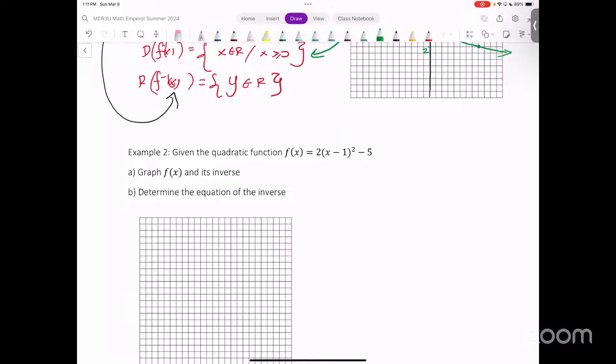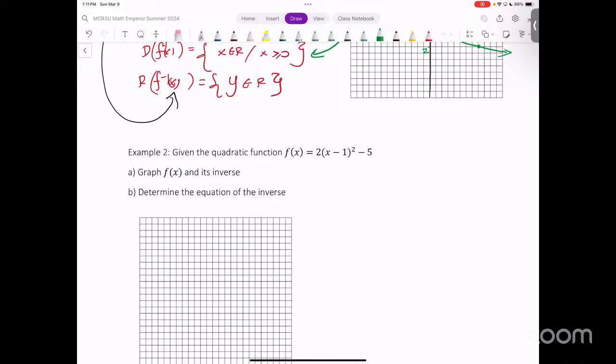Did I teach you how to sketch a quadratic function? What are the steps? How would you sketch a quadratic function in vertex form? Use the mapping rule? That's one way, but I don't want to use the mapping rule. What's the easiest way to draw it? What did your teacher tell you to draw the quadratic function?